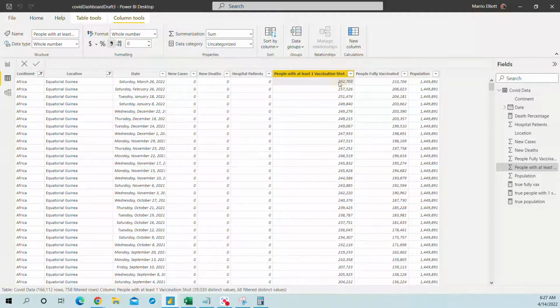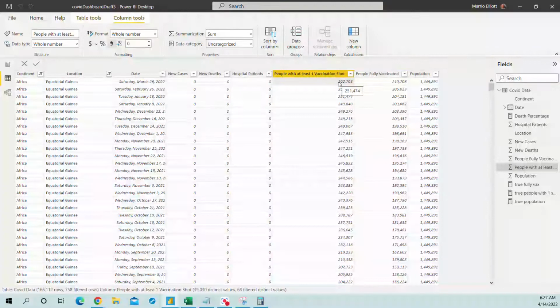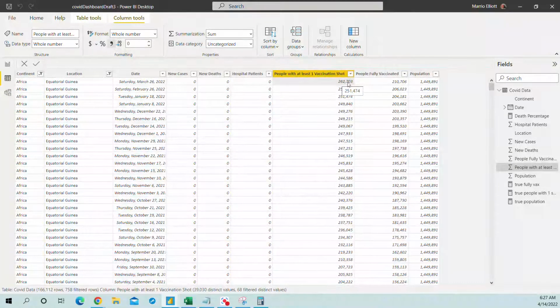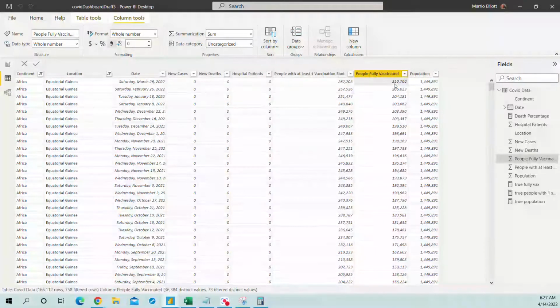This is a data flaw within how our data is captured. It isn't optimal, but it isn't impossible to work with, so we will make do with what it is. We also have the same thing going on with the people fully vaccinated.